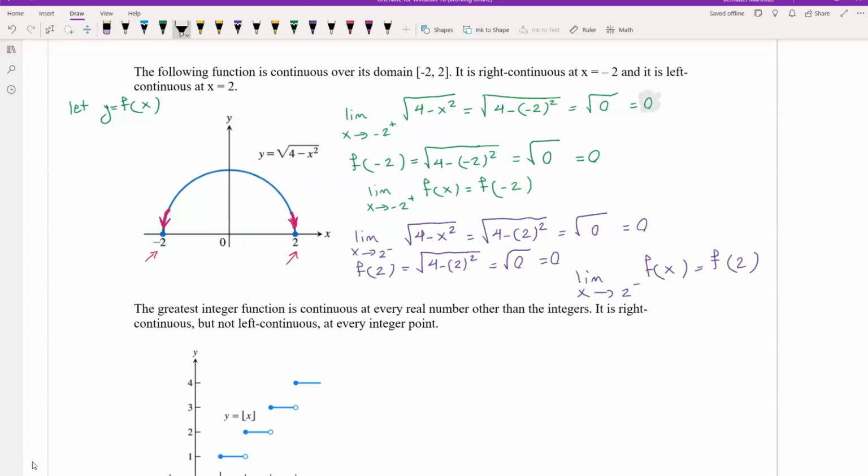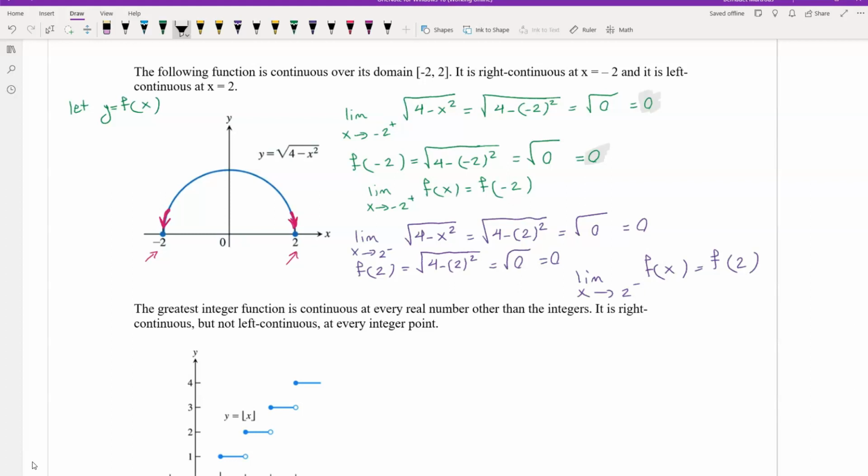And also finding the function value when x is -2. So f of -2 is the square root of 4 minus -2 squared. So in this case, again, we have 0. And now, finally, comparing these two, we see that we have the same answer.